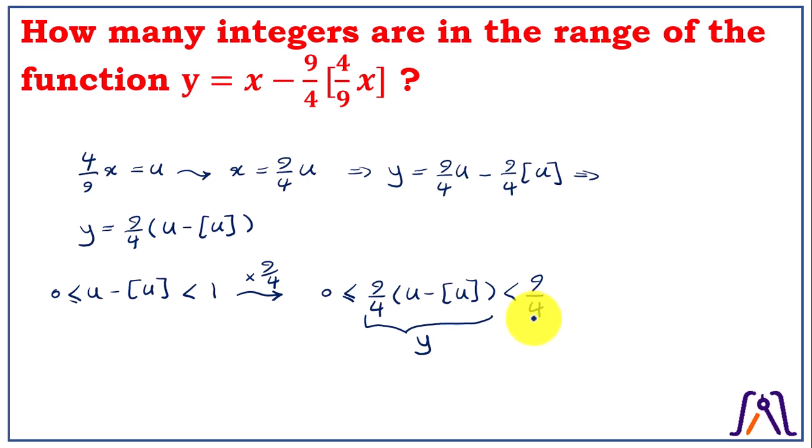So the value of our function is between 0 inclusive and 9/4 exclusive. And within this interval, the possible integer values are 0, 1, and 2. Okay, which are exactly what the question asks for.